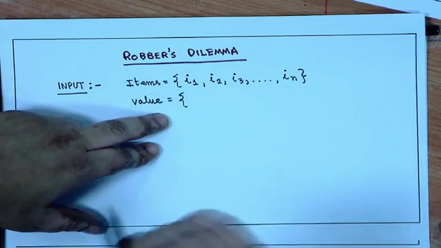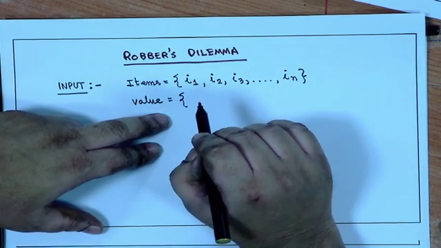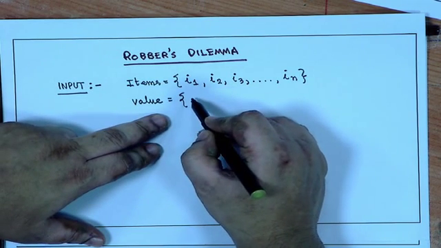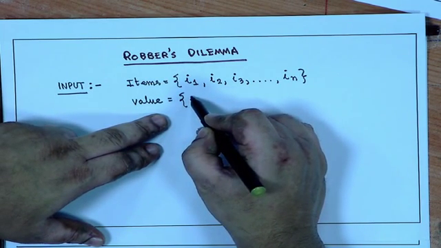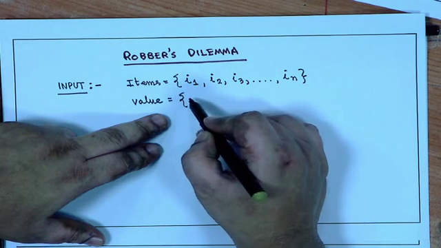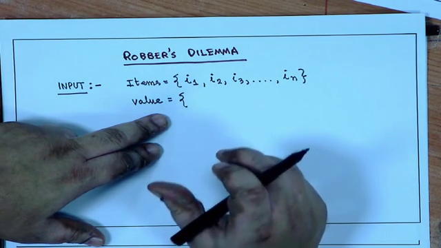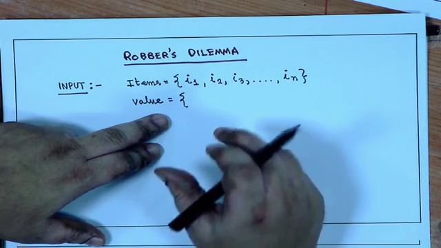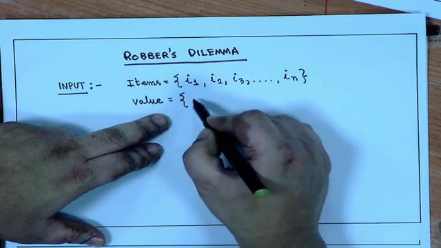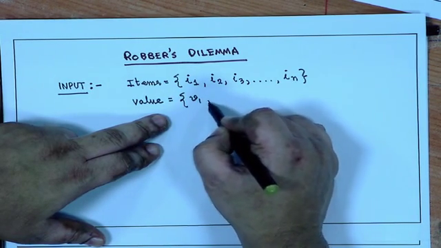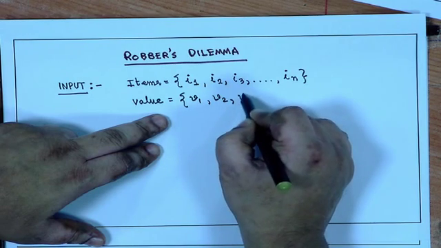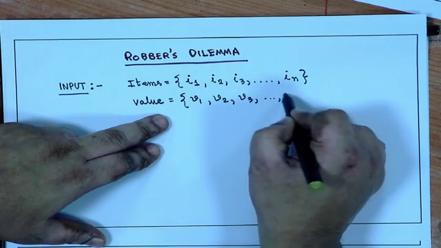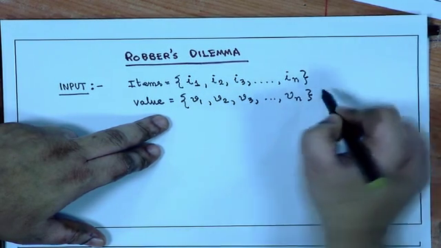What is the value of these items per kg? Okay. So, for each item there is a value and there is how many kgs of that item is there. So, he has the values of these items V1, V2, V3 up to Vn. This is the value per kg.